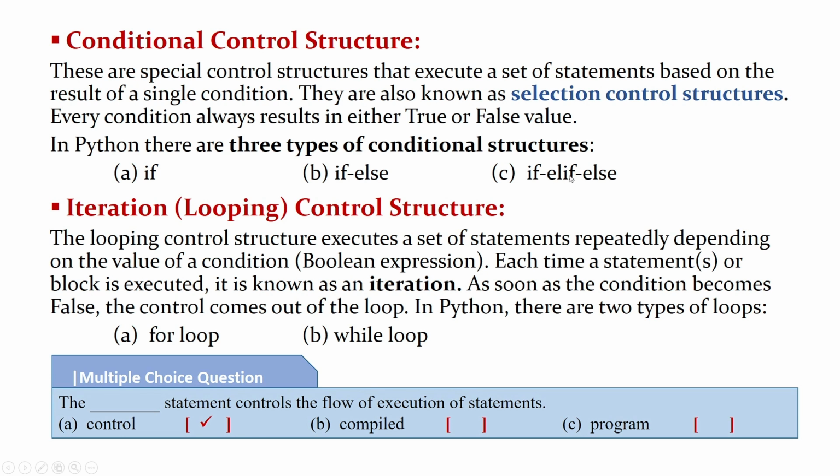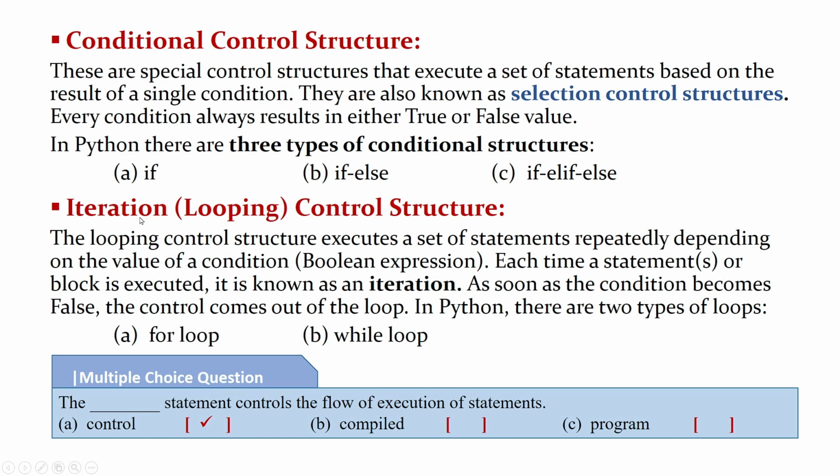In if-elif-else, elif is an acronym for else if, meaning first there will be a condition in an if, and then several other conditions are written along with elif, and at last, when none of them is true, the else part will be executed.